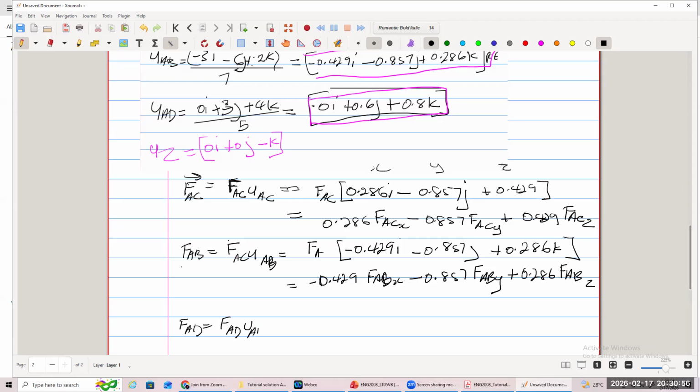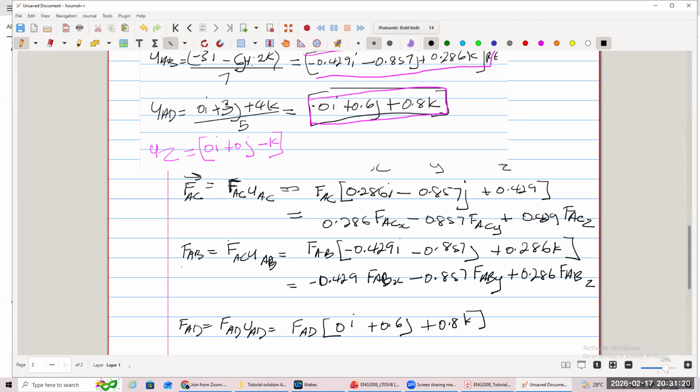AD. And so this one now is supposed to be B. This is going to be F_AD, the unit vector of U_AD, which is 0i plus 0.6j plus 0.8k.